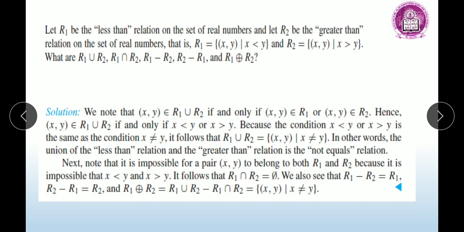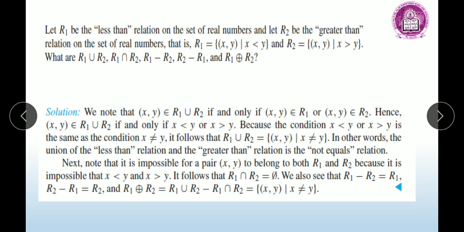We note that the ordered pair x comma y belongs to the union if and only if the ordered pair x comma y belongs to R1 or it belongs to R2. Hence, x comma y belongs to the union if and only if x is less than y or x is greater than y, because the condition x less than y or x greater than y is the same as the condition x is not equal to y. It follows that R1 union R2 is the set of all ordered pairs x comma y such that x is different from y.